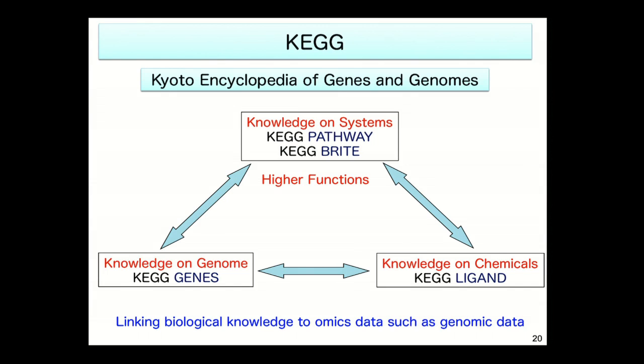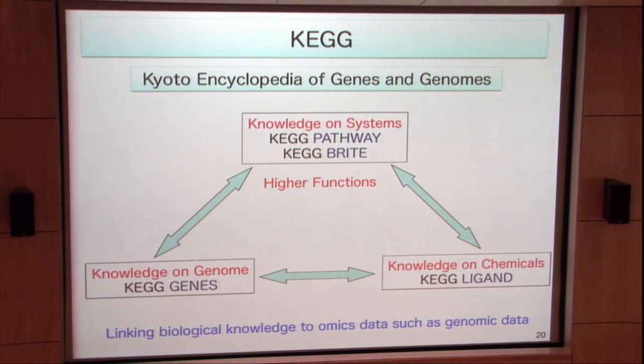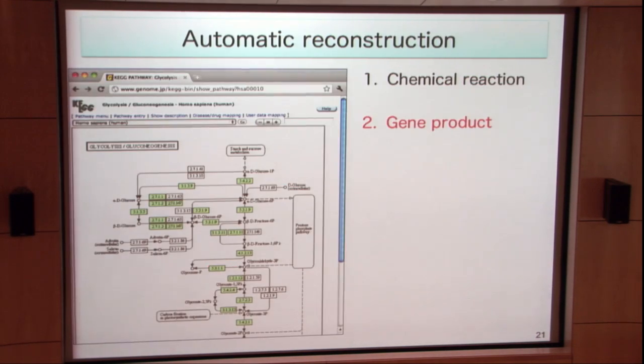And these databases are categorized into three parts. One for the knowledge on the systems, like the KEGG pathway database, the KEGG BRITE database for the functional hierarchical classification of the gene functions and chemical compounds, and knowledge on the genome, and the knowledge on the chemicals to link the biological knowledge to omics data, such as the genomic and the metabolomics information.